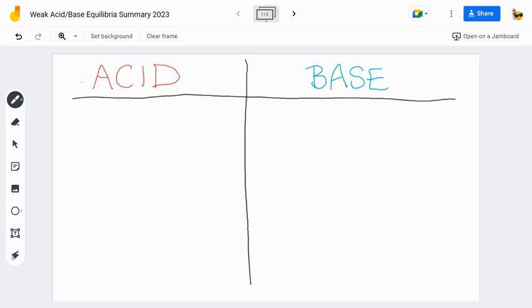Okay, so let's review what we know about acids and bases before we move on and apply them to titrations. So acids, if you remember, I'm going to think of H+. And bases, I'm going to think of OH-. So remember we talked about H, hydrogen.